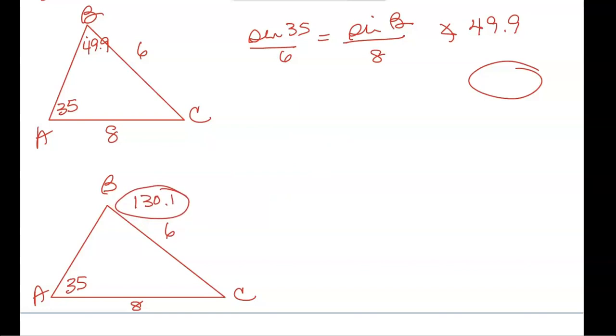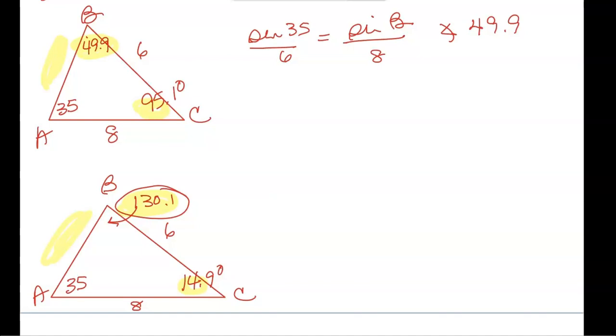Okay, so that's this B angle right here. So then you can calculate by using mere subtraction what the other angle is. So far I've solved for this and I've solved for this. The other angle that I have to solve for is the C. I'm just going to do subtraction to get that. And I get 95.1 degrees up top and only 14.9 degrees down below.